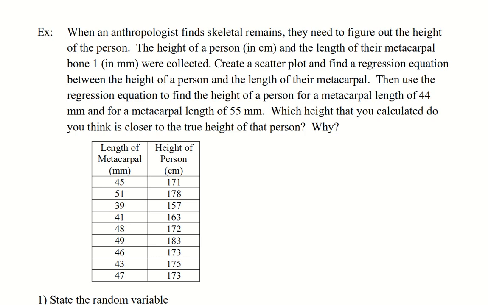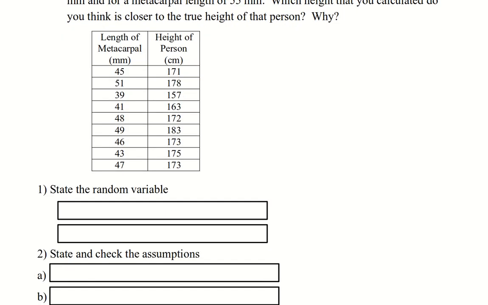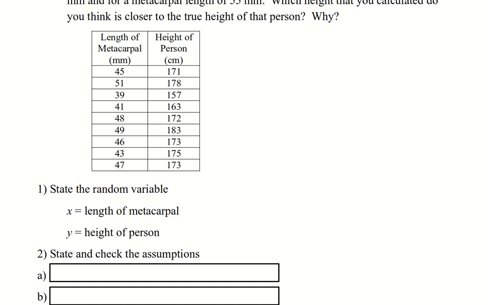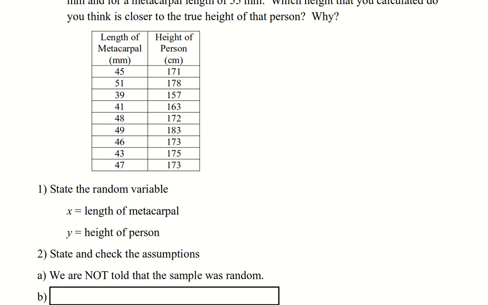So first we're going to work through this. We're going to load this data into our calculator, maybe L3 and L4. Our random variables: we're assuming that the length of the metacarpal is the independent variable, and that affects the height of the person. Our assumptions were that this sample is random, but golly gosh, we are not told that it's random. So we don't know that this sample is random.